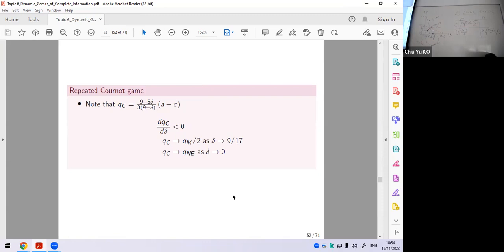Why we sometimes see Pareto inefficient outcomes is not because we can't exploit the opportunity, but rather that people are not so patient, so we can only support a low level of collaboration, because to support more, we need a lot of patience. If not, then we can't, right?